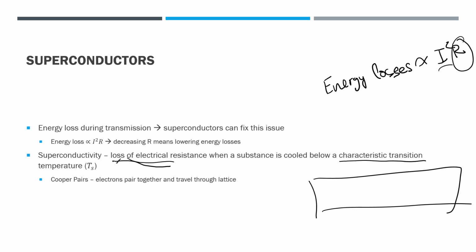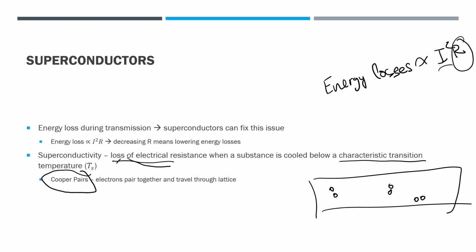But in a superconductor, we know that there is this lack of resistance. And that happens because of this phenomenon called Cooper pairs. Essentially, these electrons, instead of going in random directions independent of each other, are going to pair together. So we have two electrons, for example, that just pair, and these are Cooper pairs.